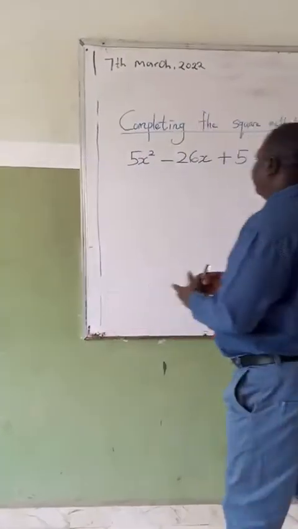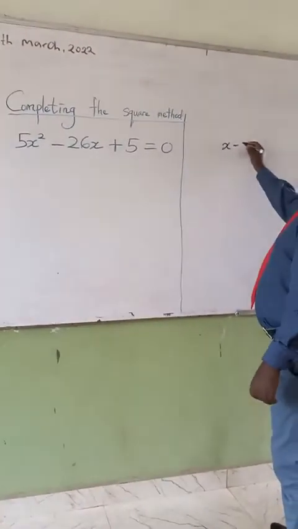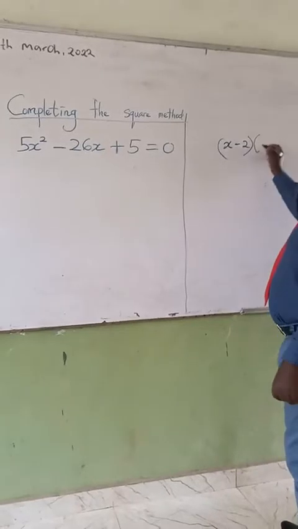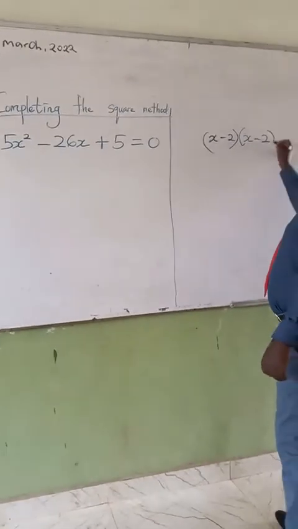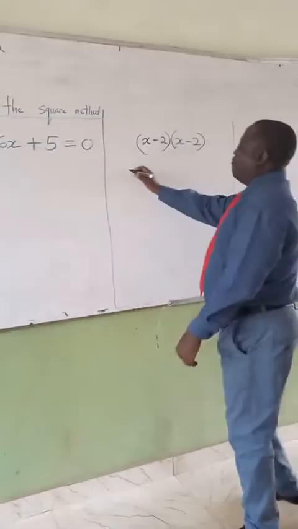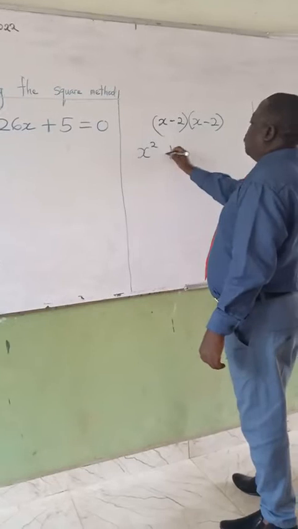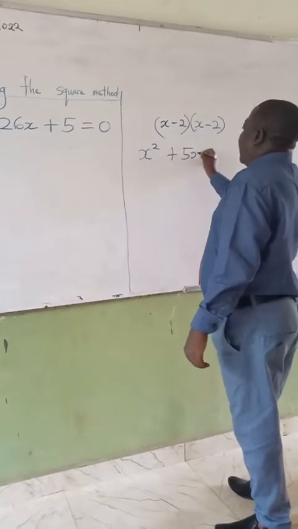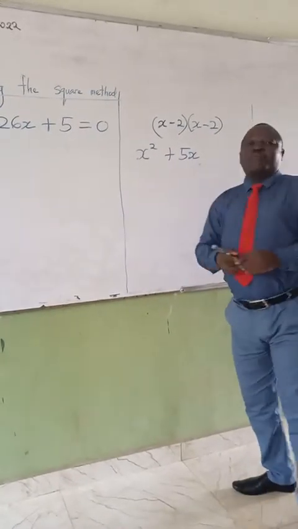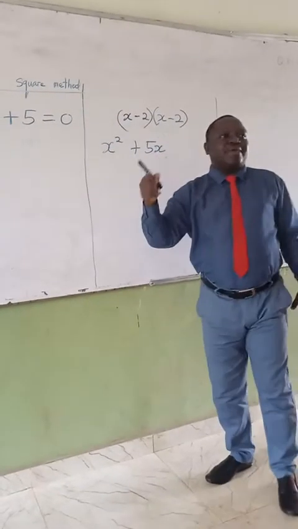For instance, expressions such as (x minus 2)² are called perfect squares. So if I have an expression like x squared plus 5x, I want to make it of this format, that is, a perfect square.